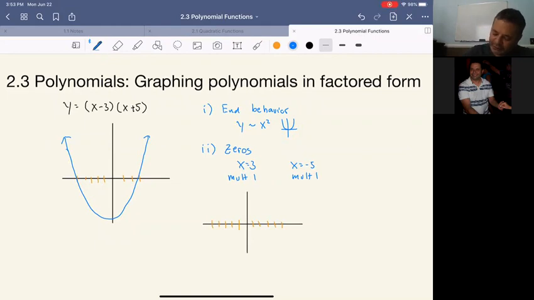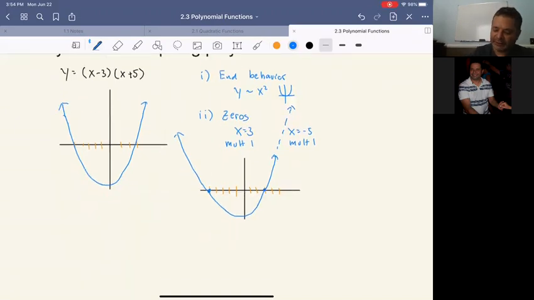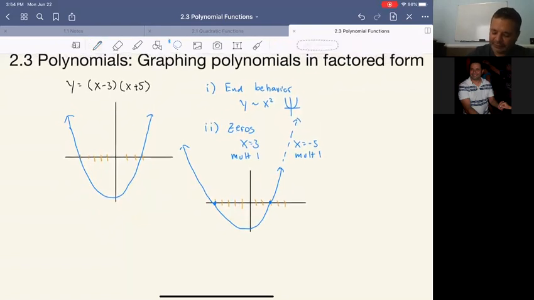My zeros at -5 and +3 are there, and it should cross at both zeros. So if I start out up here, cross at -5, and then I have to turn around to cross at 3 again. Similar graph; it looks pretty much the same. That's the first method of graphing these things.